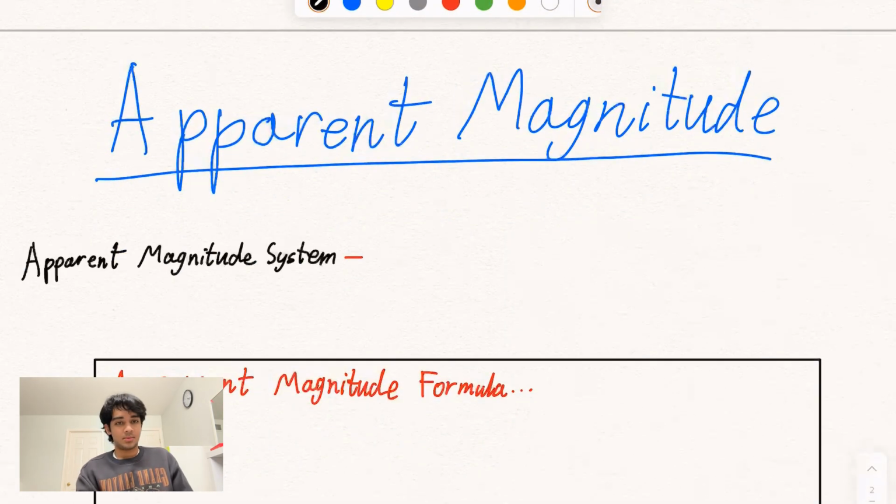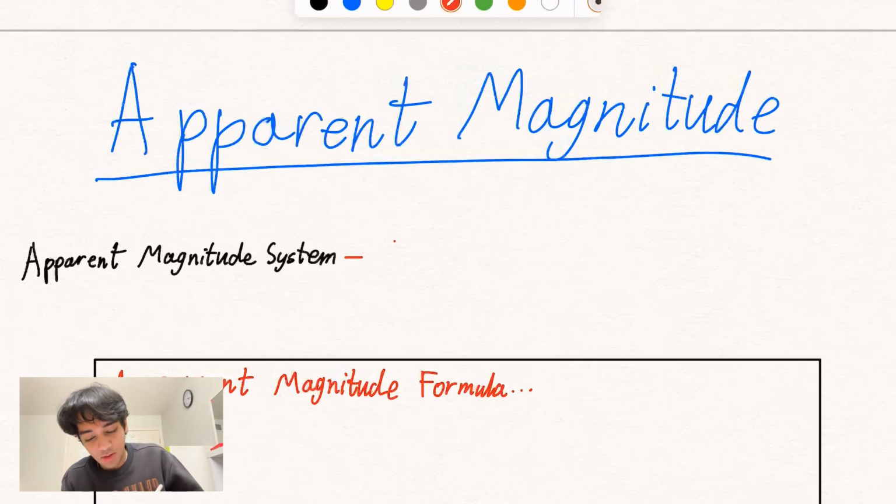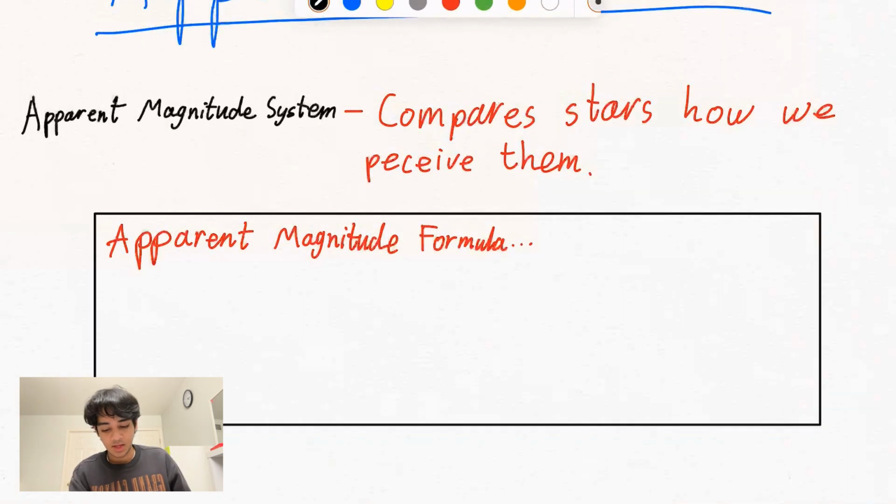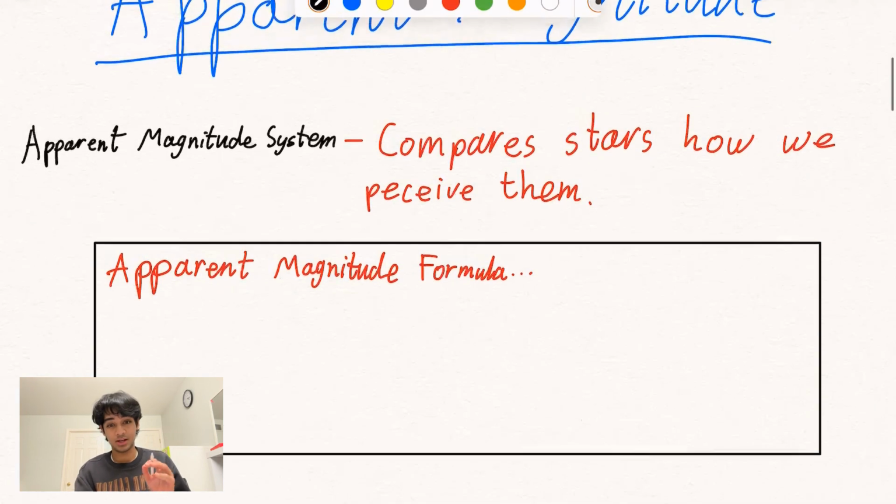Now let's start by talking about apparent magnitude. This system helps us compare stars by how we perceive them. There's a formula that relates the apparent magnitude of a star with its brightness.